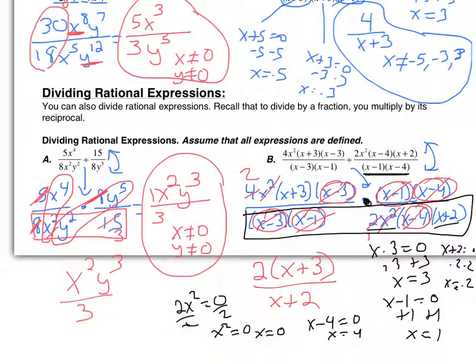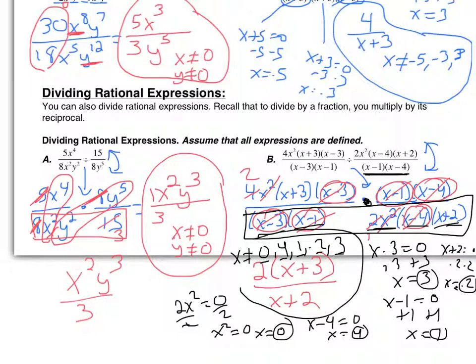So if it asks for the undefines, you would say x cannot be equal to 0, 4, 1, negative 2, or 3. So we have 1, 2, 3, 4, 5. So this is our simplified answer and the values that make it undefined. I know that says that assume they're all defined, but I just want you to see how to find them.